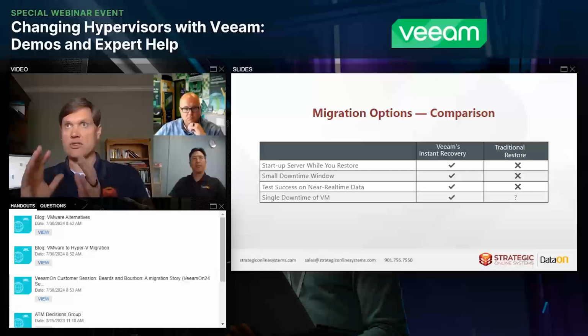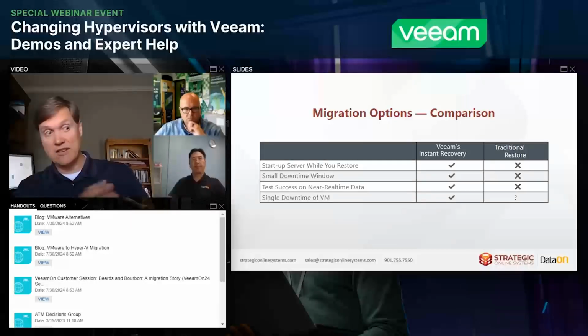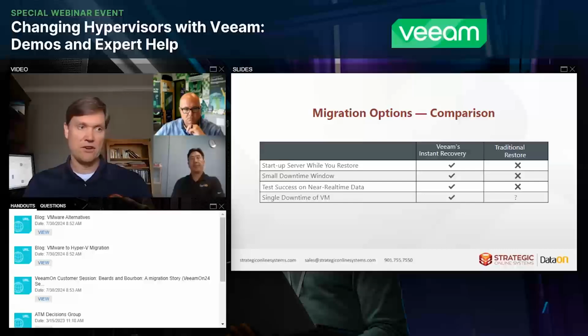Think about what a traditional restore is. You're usually taking a backup and you're sending your virtual hard drives over to somewhere, and you just have to wait until that finishes, and then you can turn on that virtual machine. Well, with instant recovery, you don't have to wait. You can start up that server while it's restoring.